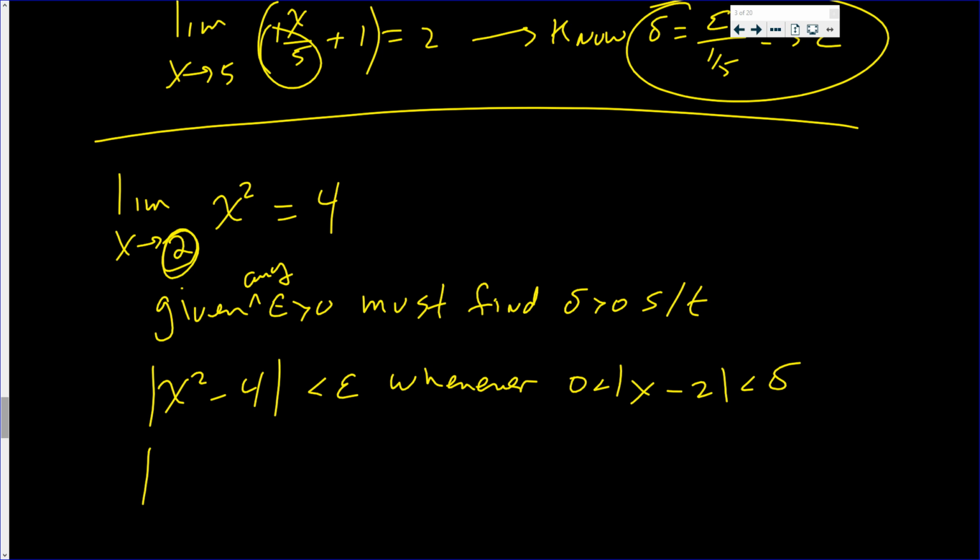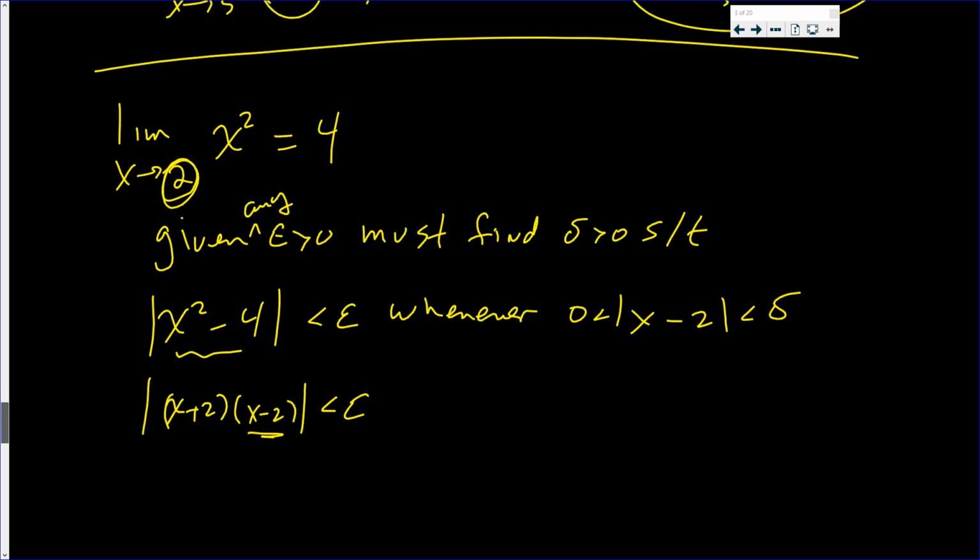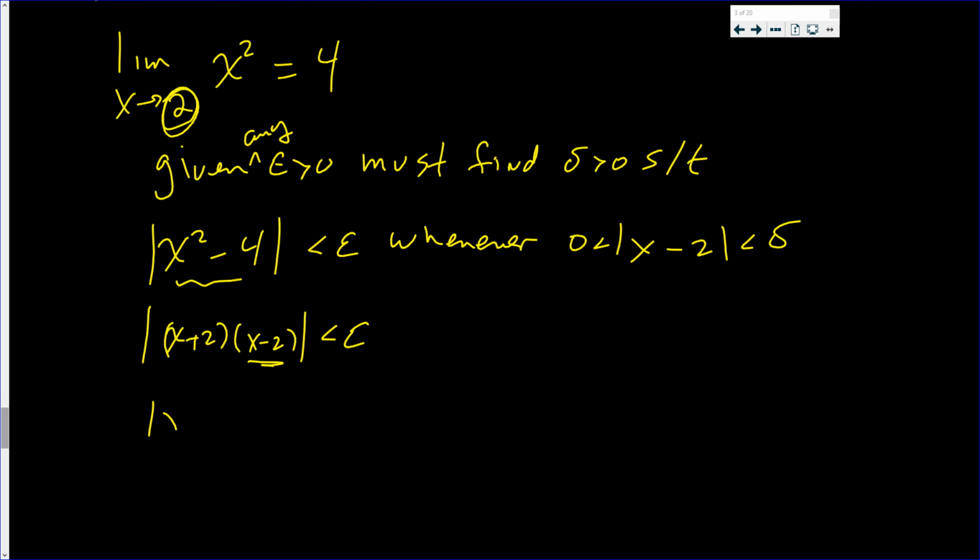Now here's where we have problems. When I factor x squared minus 4, I almost smile because I get x plus 2 times x minus 2, less than epsilon. So I have the absolute value of the first times the absolute value of the second is less than epsilon.